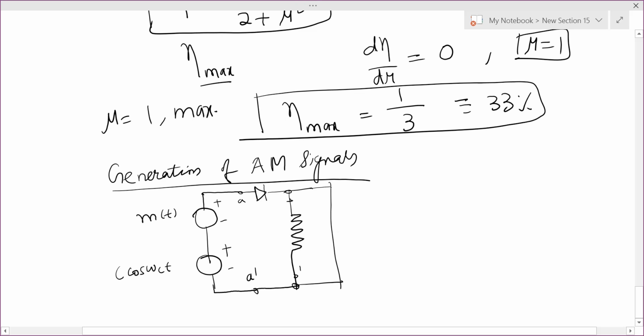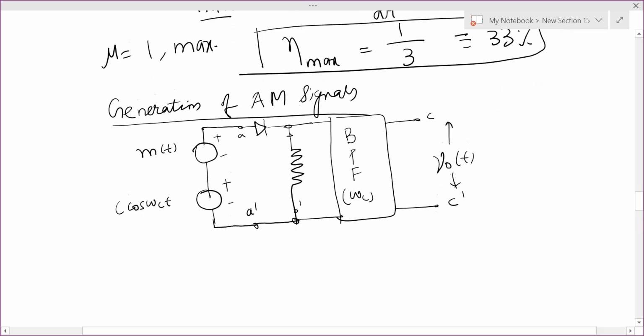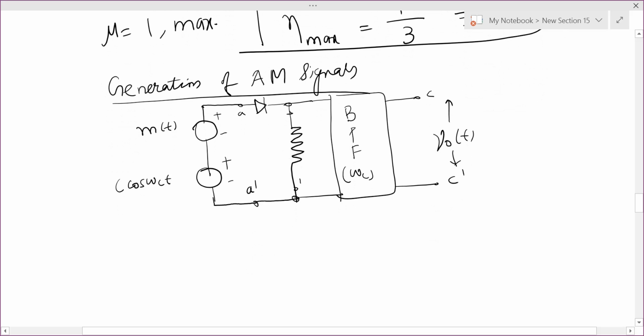Then we put a band pass filter centered around omega c, and this is your C and C dash. I call this output V naught of t. Now let's see how this will give us an AM signal. First of all, what will be the input to the diode? That is m of t plus C cos omega c t.